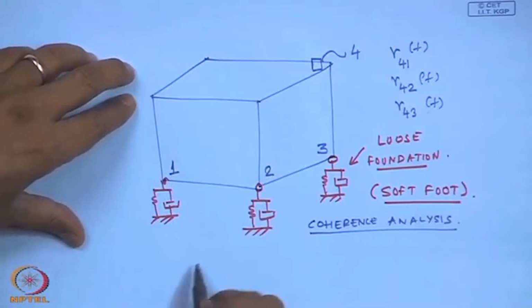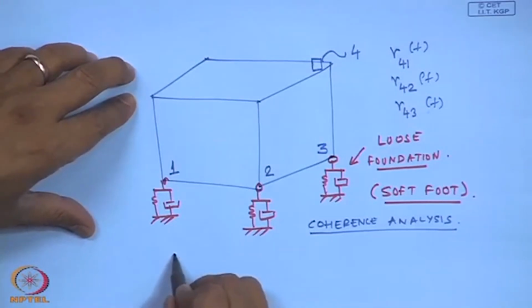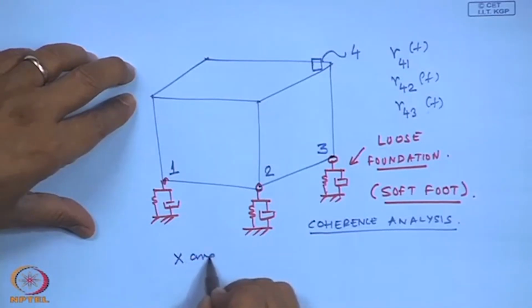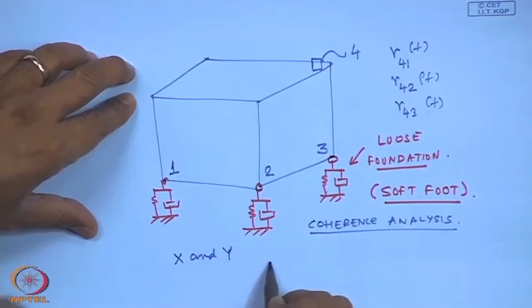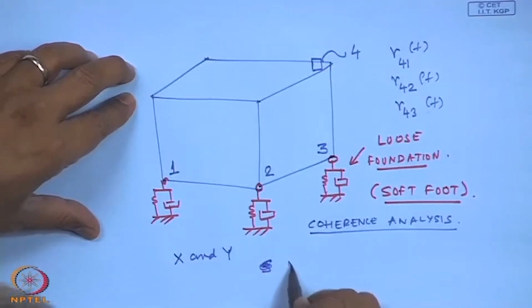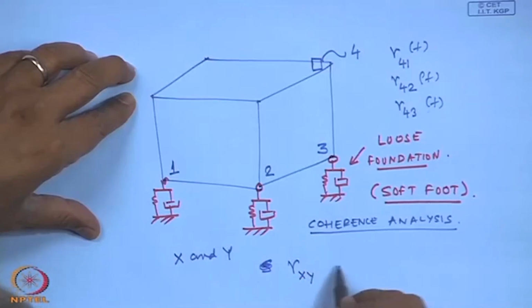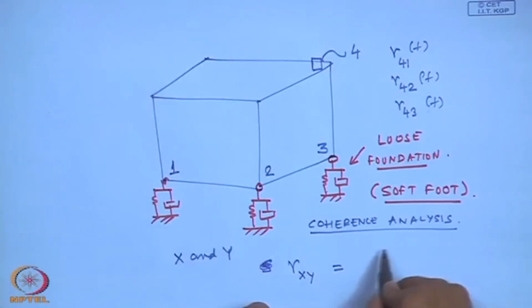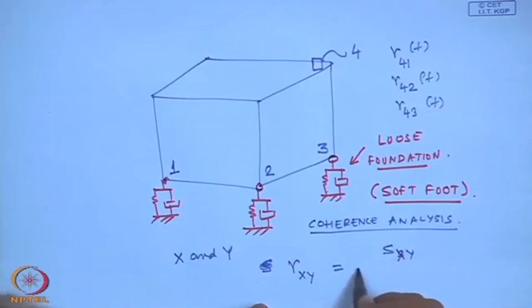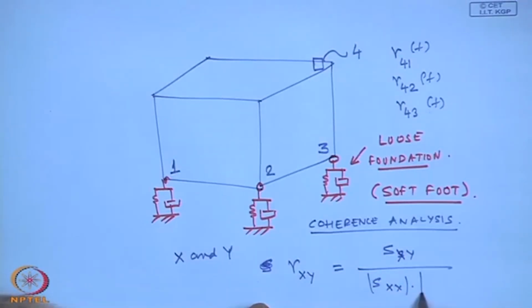And how is this coherence function between any two signals x and y denoted? So, gamma xy squared is nothing but Sxy by Sxx times Syy.